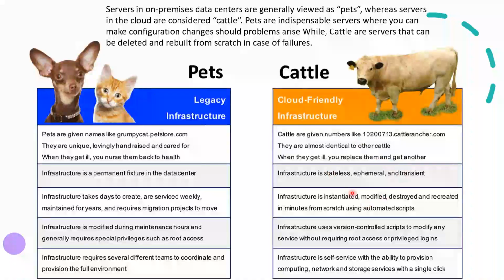Similarly here in the cloud, the infrastructure has become very disposable. So you get them replaced whenever there is a problem. You get them deployed from scratch with the use of scripts, templates, and images. We use the scripts, templates, and images to get the system up and running.